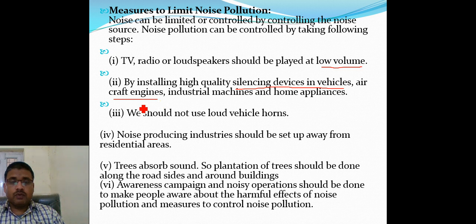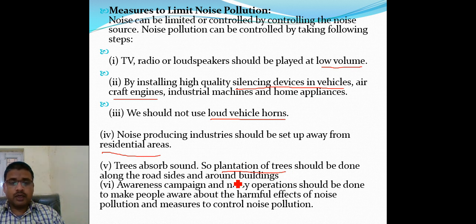We should not use loud vehicle horns; we have to avoid these things. And noise producing industries should be set up away from residential areas. Trees absorb sound, so plantation is also required to avoid noise pollution.